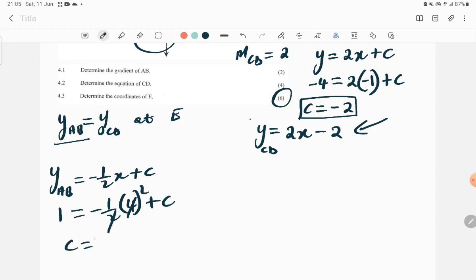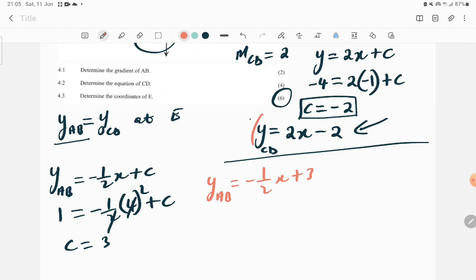Then our c becomes 1 plus 2, which is just 3. So we can now see that the equation of AB is y equals negative 1 over 2 x plus 3.